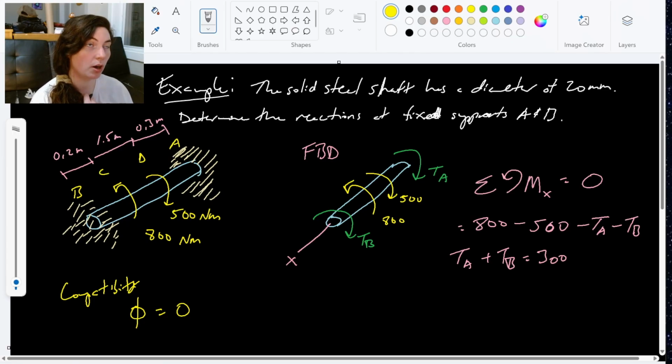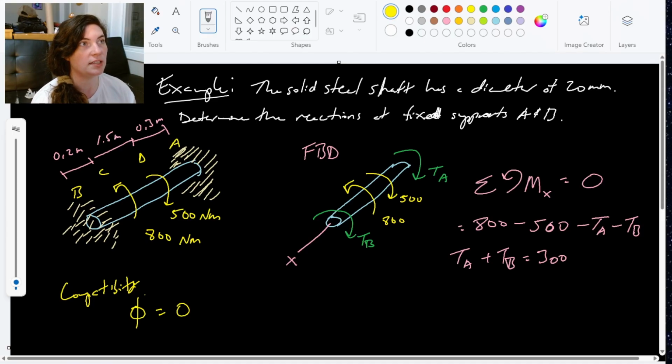For the whole bar. But as we learned in axial load, we can break this guy up into sections. Every time we had a change in load or change in area or change in material, we would break it up into sections when we were doing our axial load. We can do that exact same thing here with torques.